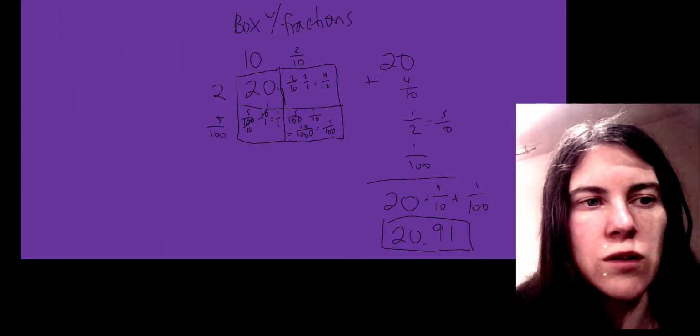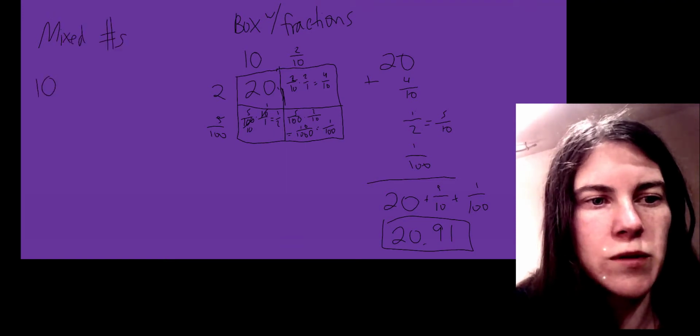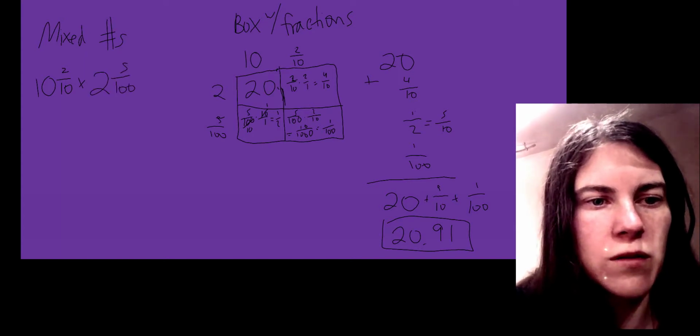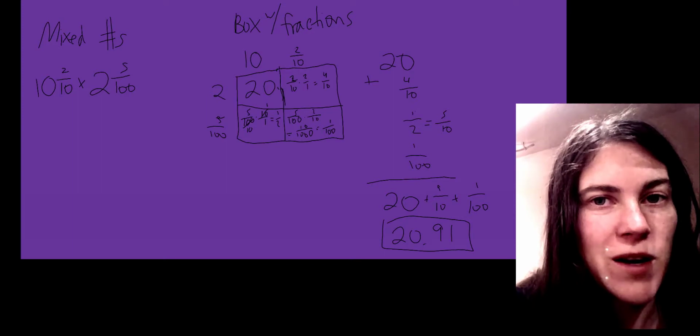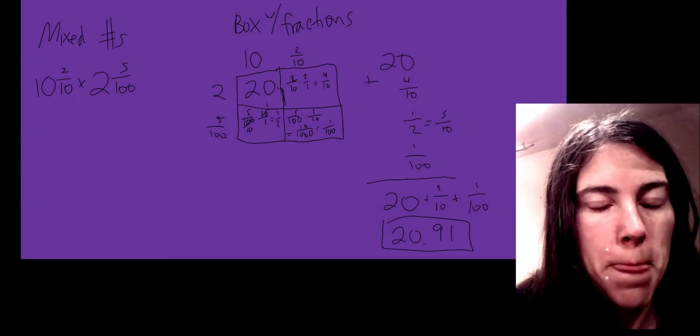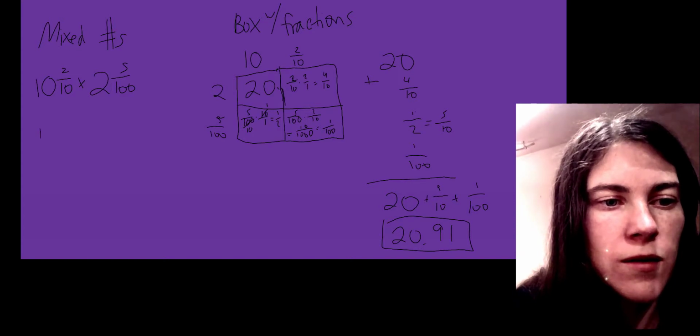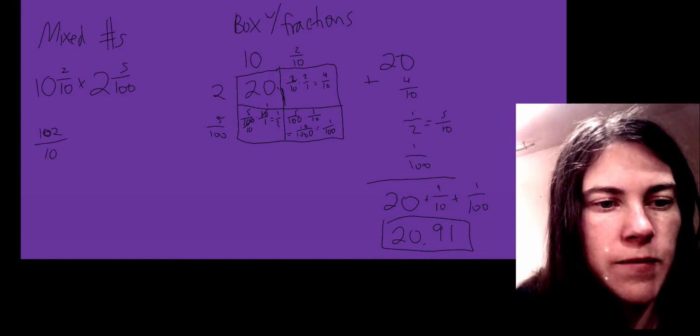I'm going to use the mixed numbers method. 10 wholes and 2 tenths times 2 wholes and 5 hundredths. If you haven't multiplied mixed numbers before, you might want to stop this video. This is 102 over 10 times 205 over 100.